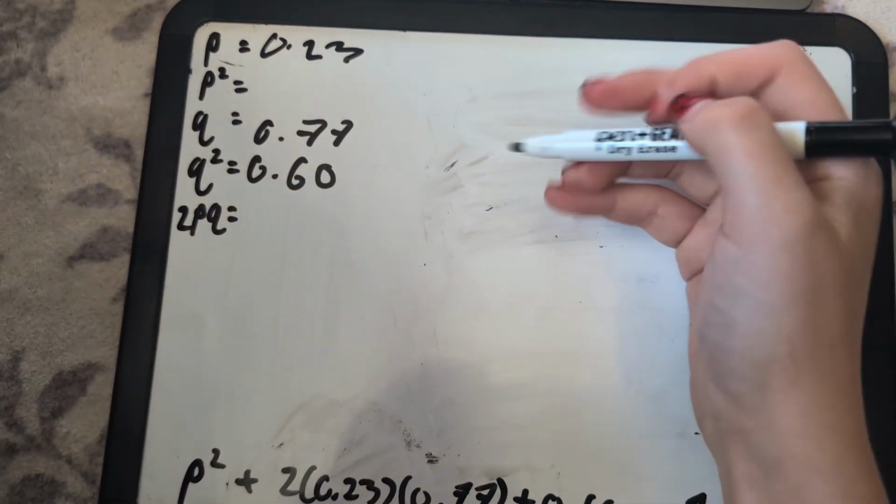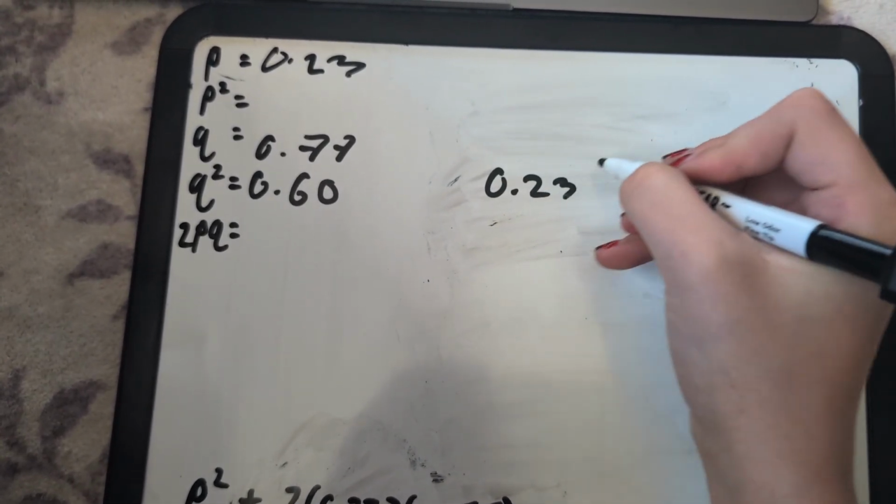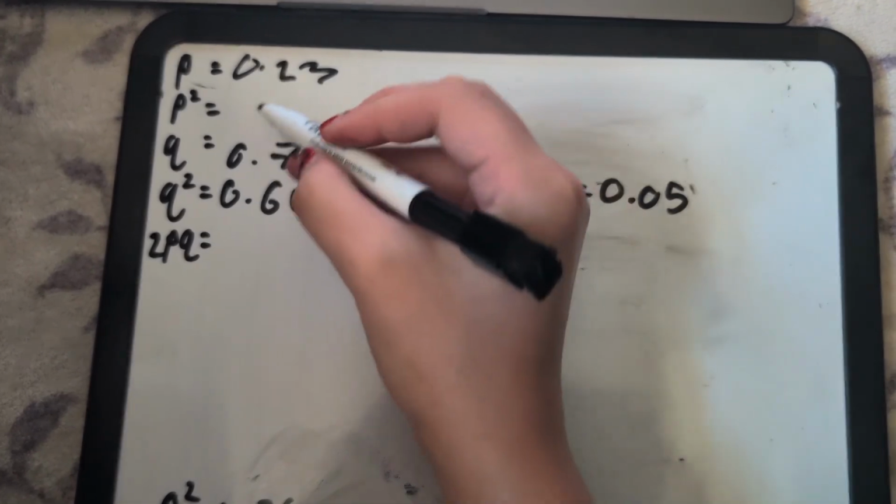And then we can find p squared by squaring p. 0.23 squared is equal to 0.05.